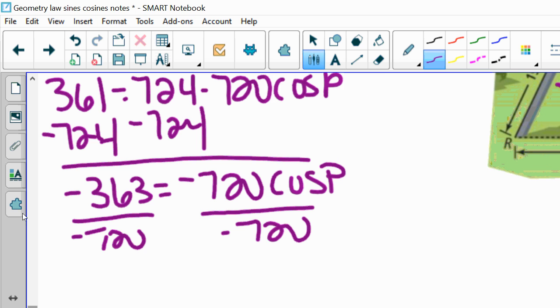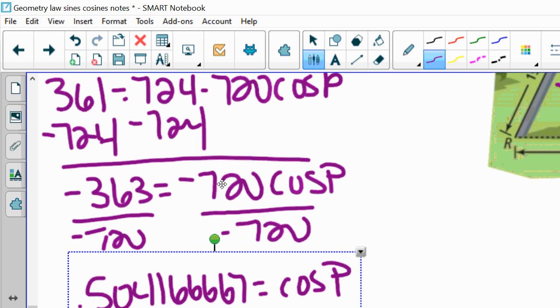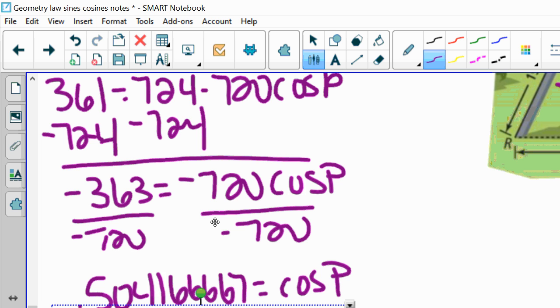So negative 363 divided by negative 720 gets me like 0.504166667 equals the cosine of P. I don't want the cosine, I just want P, so to move the cosine to the other side, I use the inverse. So I type in my calculator, the cosine inverse of 0.504166667 is approximately 59.7 degrees.